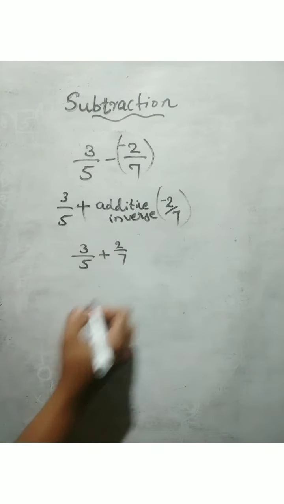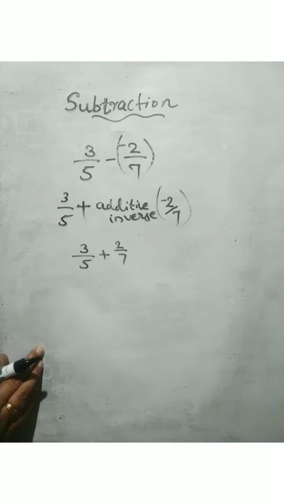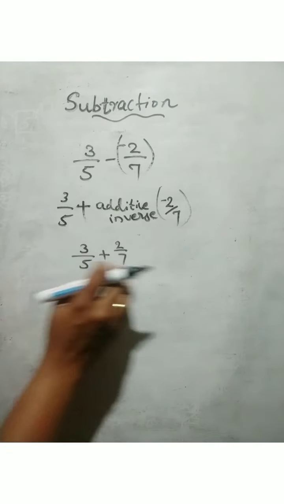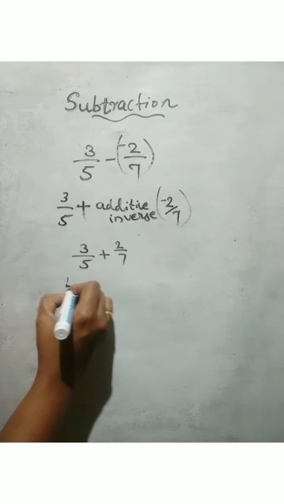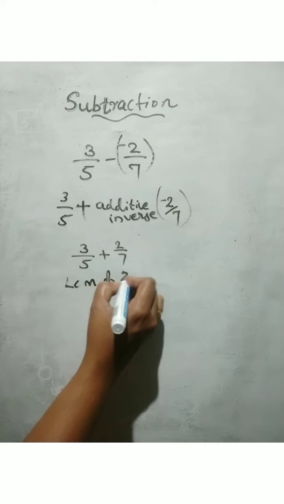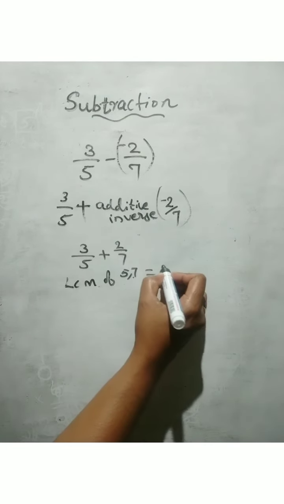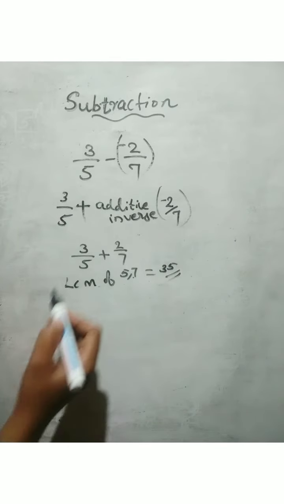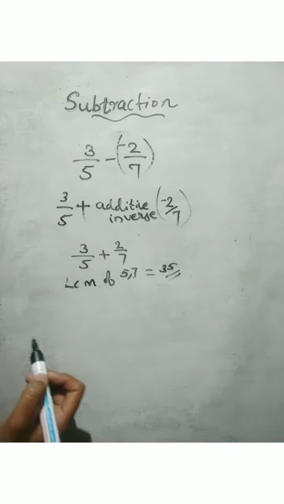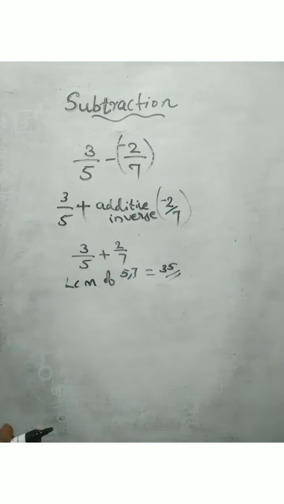Next, think about the addition of rational numbers. Okay. Here the denominators are different. So, what is the first step? We have to find the LCM of 5 and 7. What is the LCM of 5 and 7? 5 times 7 will be 35. There is no common factor other than 1 for dividing 5 and 7. So we can multiply these two and write.